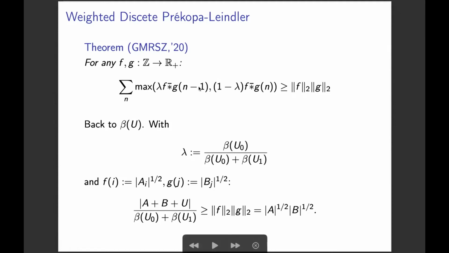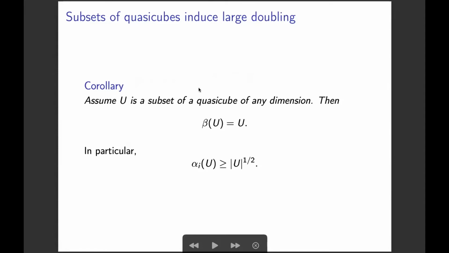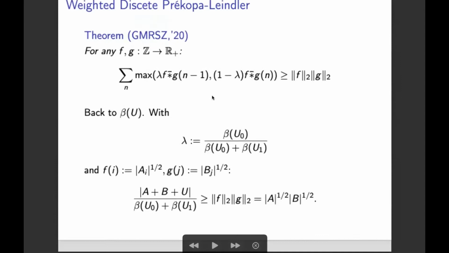Okay, thank you. And following it up, the corollary of this inequality is that beta on u is equal to u, and this is something related to what I was just talking about.